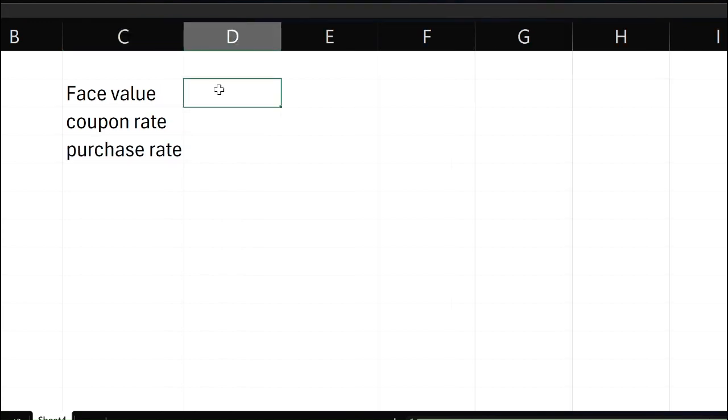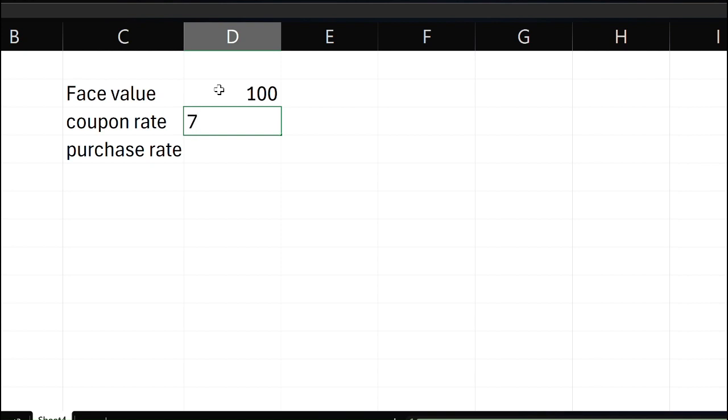Usually, the face value of any bond will be, say, 100 rupees or $100, when any company issues a bond. So the face value will determine the interest rate or coupon rate. Usually, it is somewhere around 6 to 7 percent.